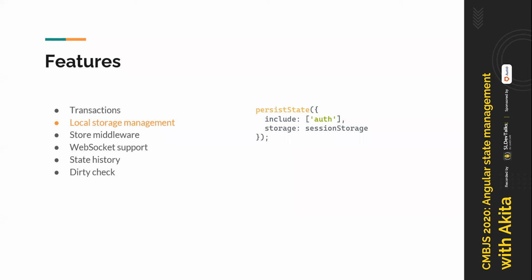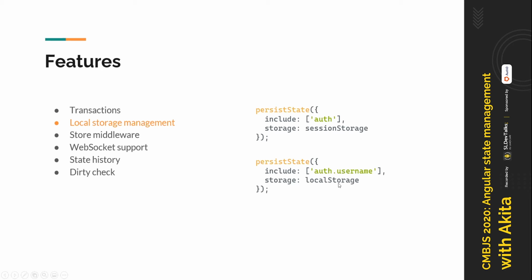And you can also manage local storage with Akita. So using a simple function called persistState, you can pass your store name and whether you want to use the session storage or the local storage, and you can persist your store. Like this, you can also pass specific store values. For example, I'm passing auth.username and local storage.